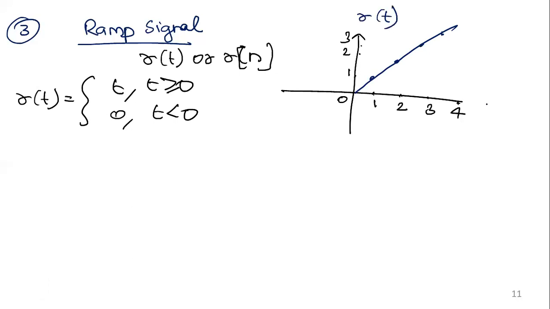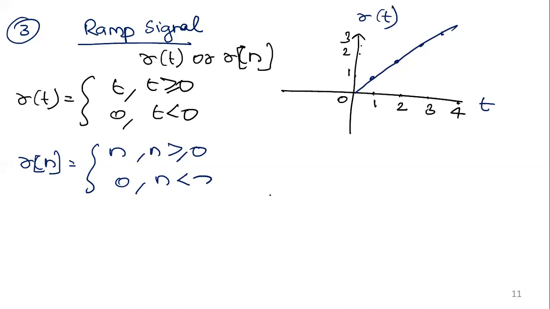This is R of t and this is t. For R of n also you can define the same way: n greater than or equal to 0, and 0 for n less than 0. At 0, 1, 2, 3, 4, it will have discrete, increasing values.